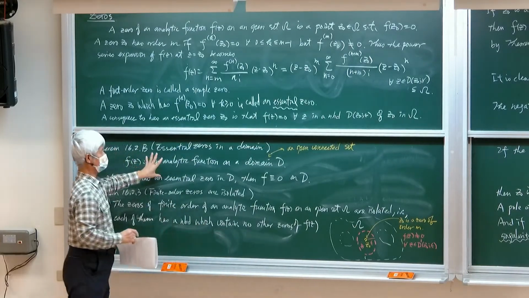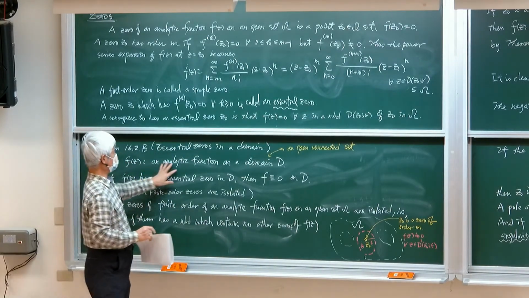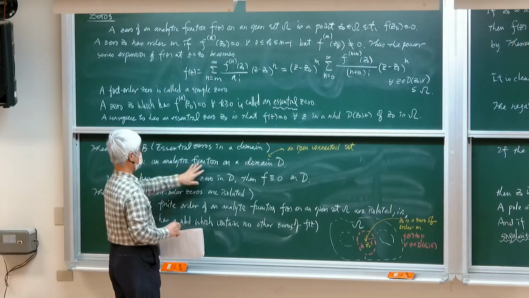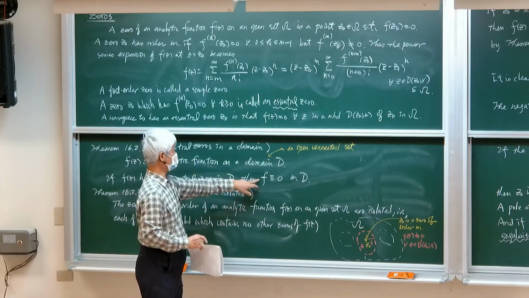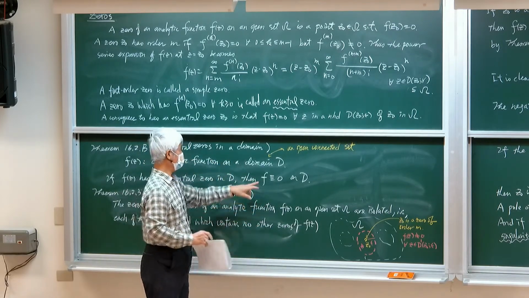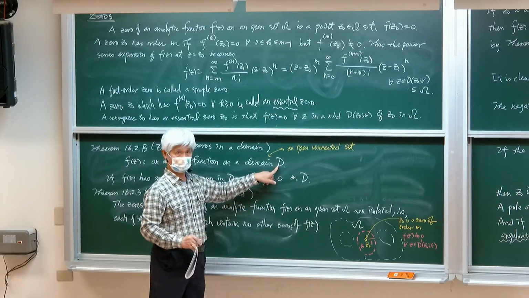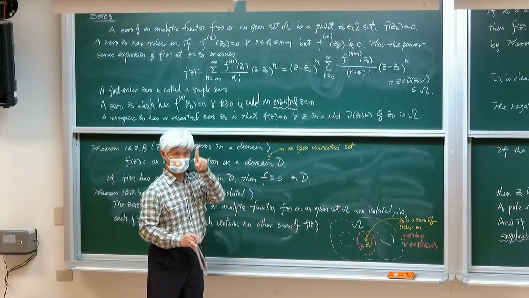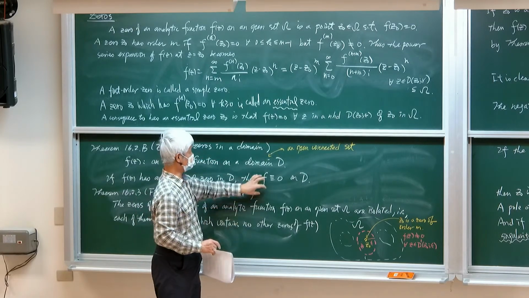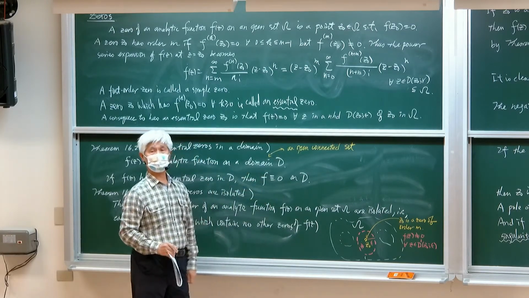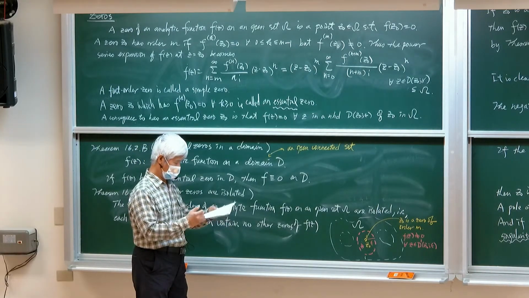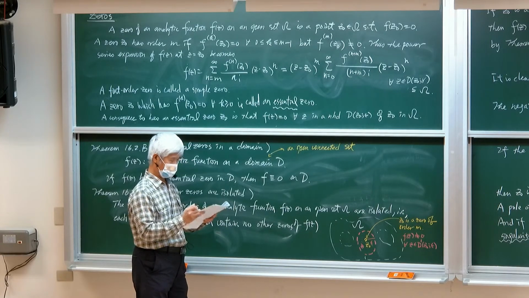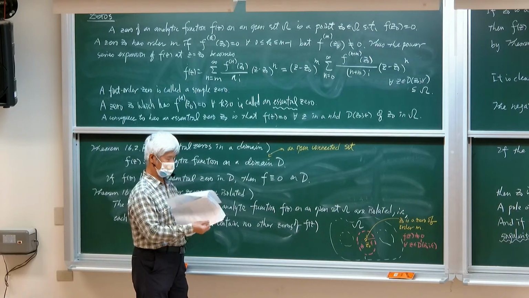Especially if the function is analytic on a domain, then the function will be zero on the whole domain. If the function has only one essential zero in this domain, that gives us that the function is zero. So that is a very different behavior we can have geometrically.